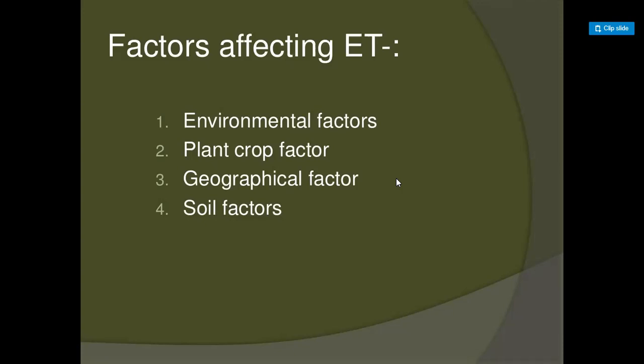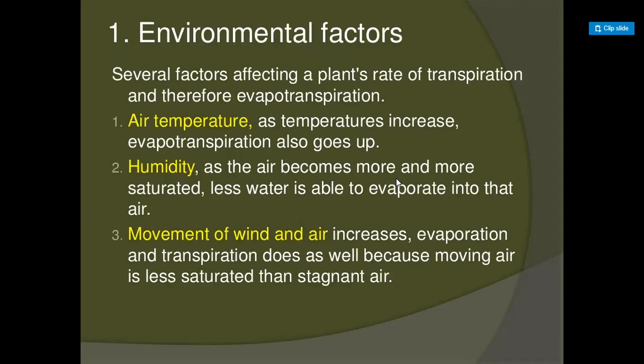So guys, the main factors affecting evapotranspiration are environmental factors, plant crop factors, geographical factors, and soil factors. So environmental factors. Several factors affect a plant's rate of transpiration and therefore evapotranspiration. Air temperature: as the temperature increases, evapotranspiration also goes up.